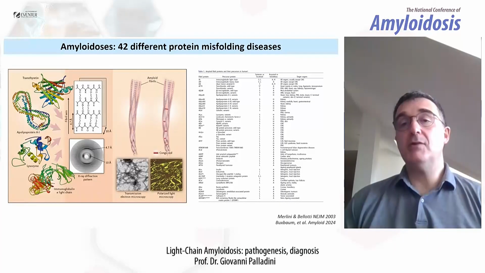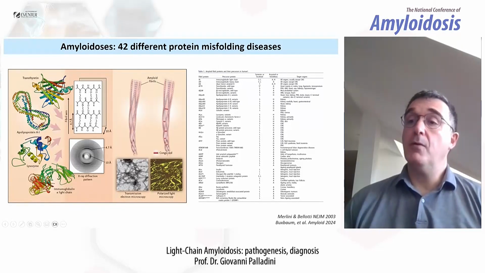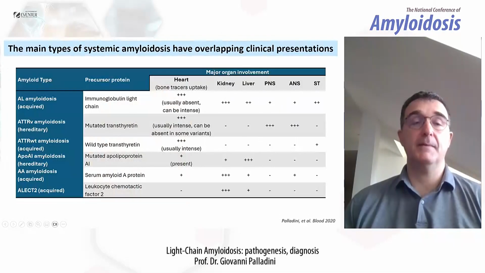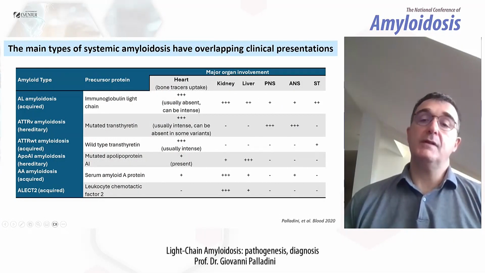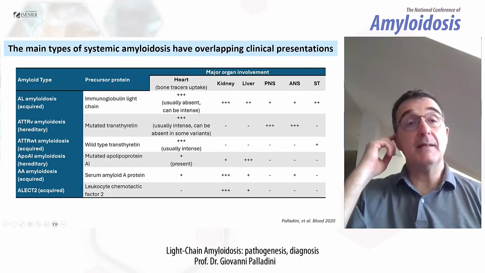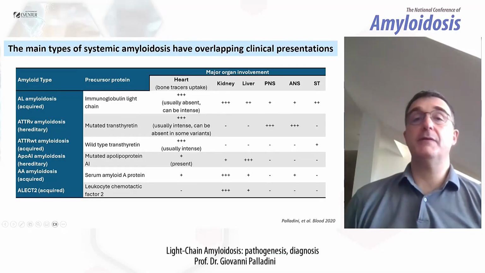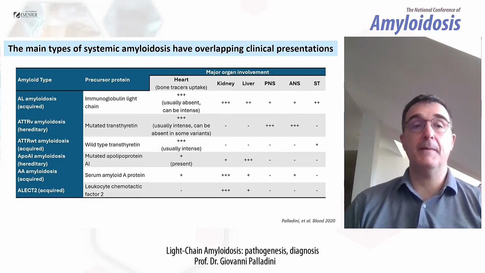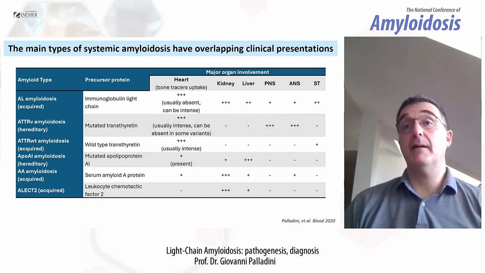And each disease is caused by a different protein, and so we have also different treatments for the diseases that we are now able to treat. We have 42 types of amyloidosis, but the types that we encounter in our clinical practice most commonly are less, and are summarized here in this table.